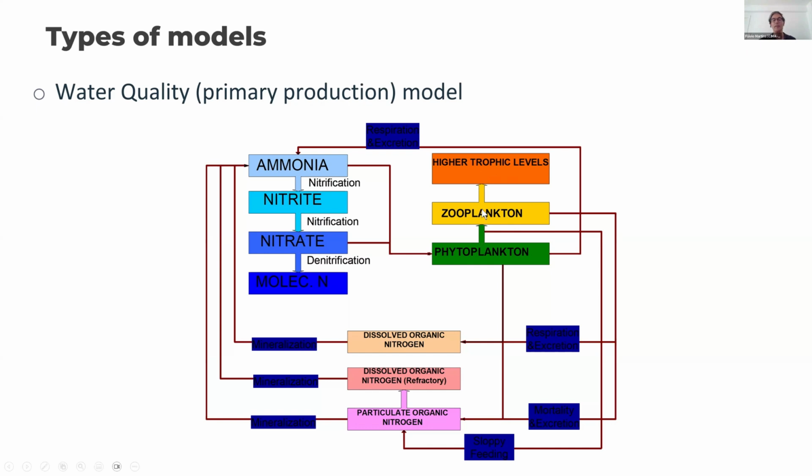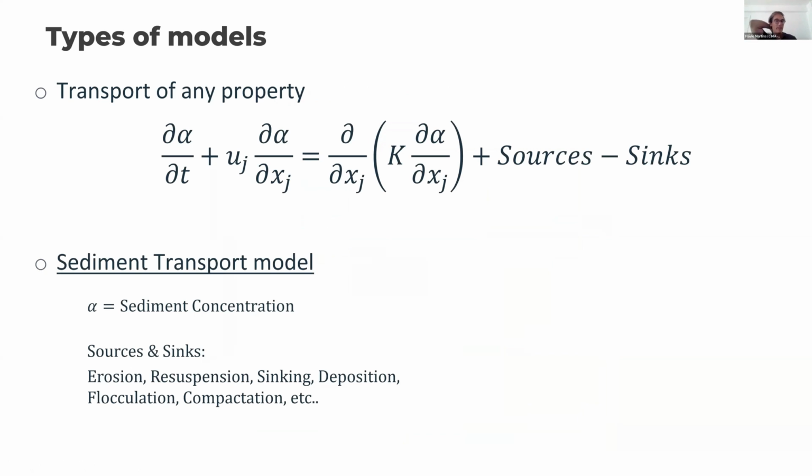Okay, for zooplankton, phytoplankton is a source, because zooplankton eats phytoplankton, and higher trophic levels is a sink. Okay, you see, and all these connections are done in the source and sink terms of the equations.